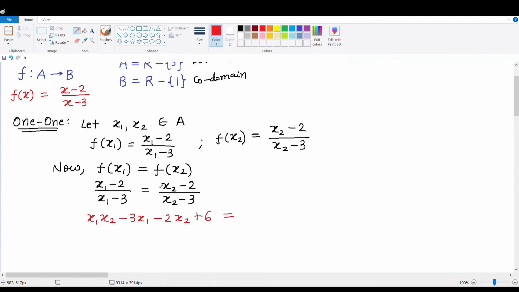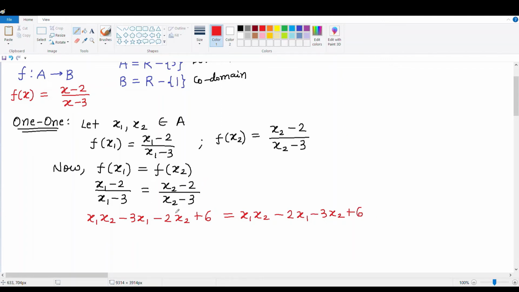And then we do cross multiplication this way. So x1 times x2, so x1x2, then x1 times negative 2, so negative 2x1, then negative 3 times x2, so negative 3x2, and then negative 3 times negative 2, so positive 6.